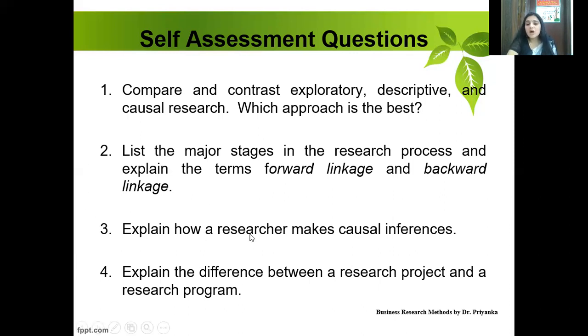Third is, explain how a researcher makes causal inferences. How do we make causal inferences? Causal inferences can only be supported when very specific causal evidence actually exists, and three critical pieces of causal evidence are temporal sequence, that yes, they are temporally affecting something.